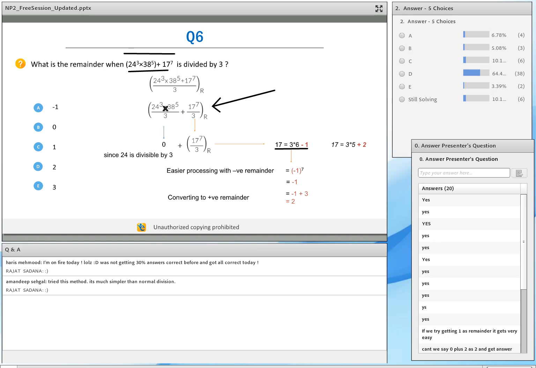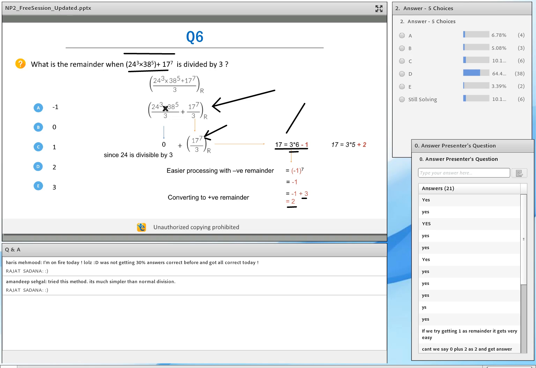Now, how do we do this? We express 17 as 3 times 6 minus 1. And 3 times 6 is completely divisible by 3. So the remainder is minus 1. And because we have 17 to the power 7 over here, we take minus 1 to the power 7. And because it's an odd power, we get minus 1. But a remainder can never be negative, so we add the divisor to it, which is what we learned from the concept of negative remainders.